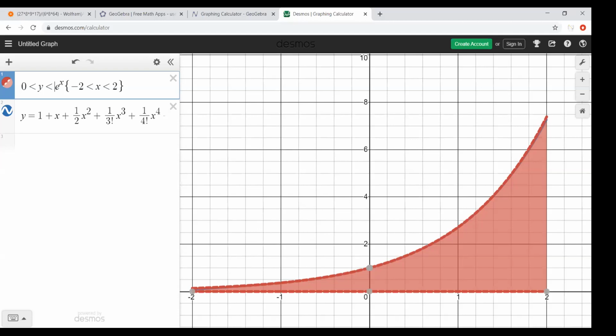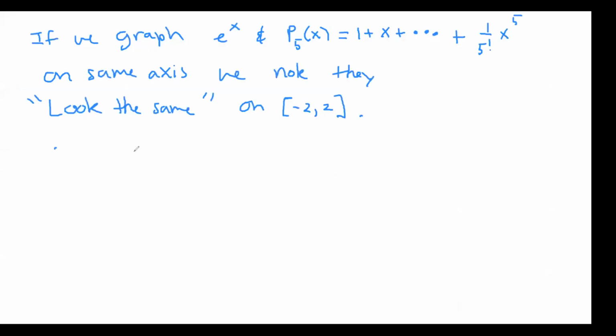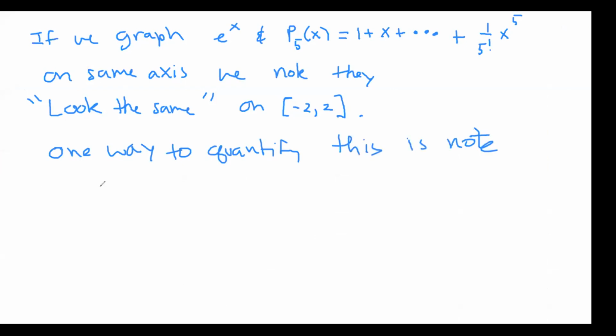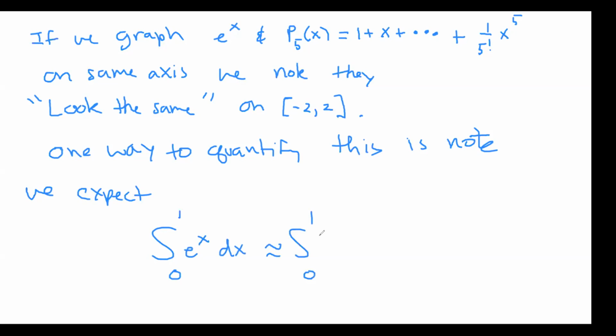So to put it in more specific words, note that we expect the integral from, say, 0 to 1 of e to the x to be very close to the integral from 0 to 1 of p sub 5.